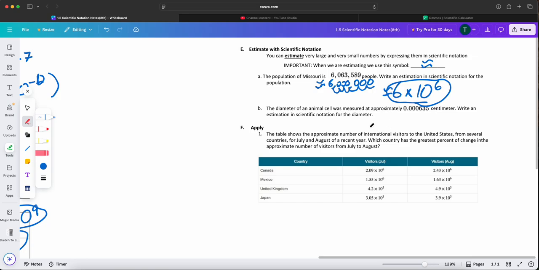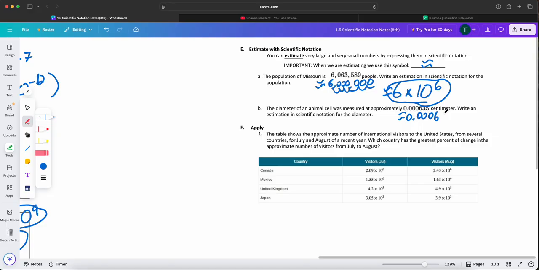The diameter of an animal cell was measured at approximately 0.000635 centimeters. Write an estimation in scientific notation for the diameter. So when I look at this number, it is about 0.0006, because 35 would make us round down.